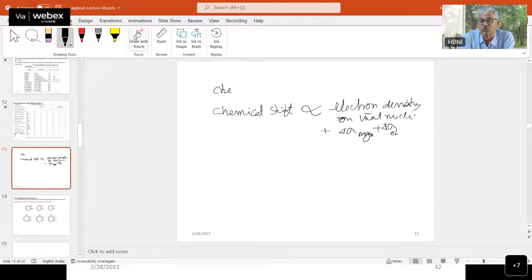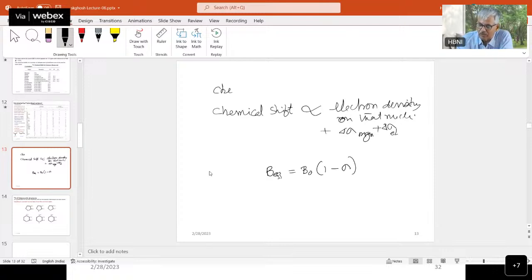Now for proton, these effects are comparatively small. The B effective is equal to B0 into 1 minus sigma.